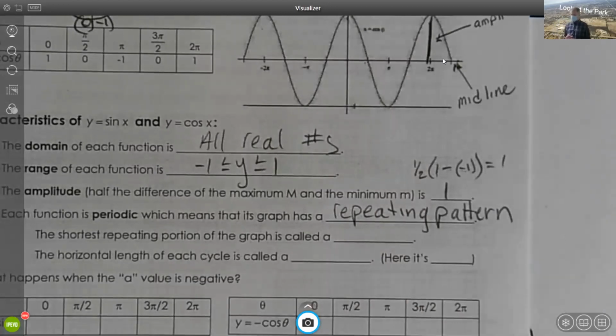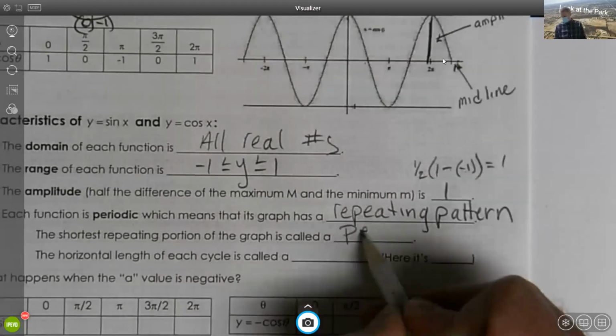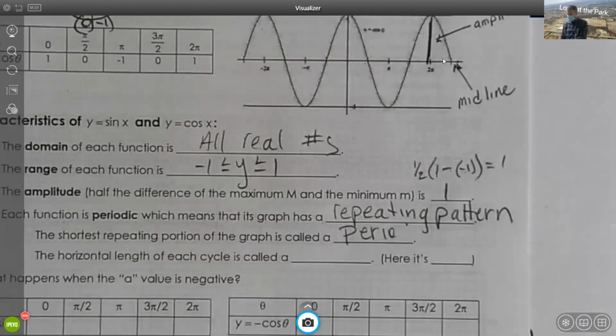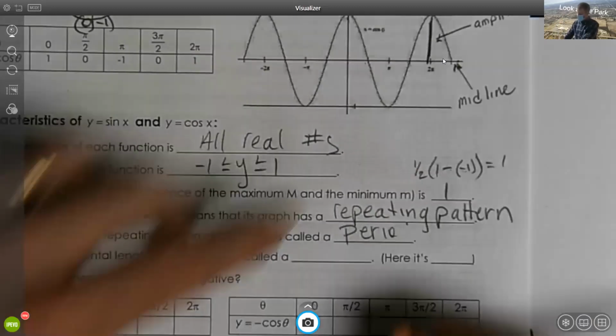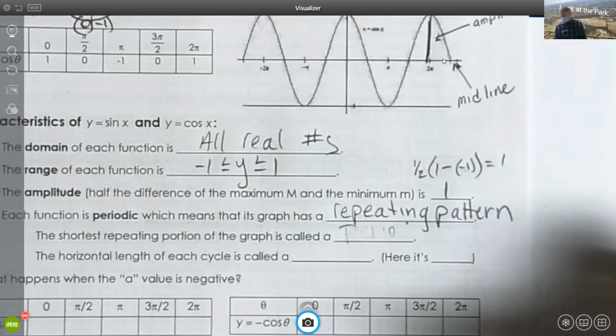The shortest repeating portion of the graph is called a cycle.